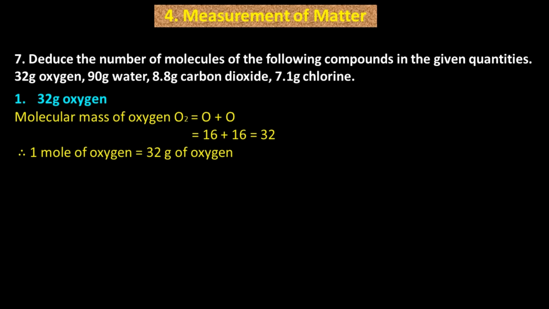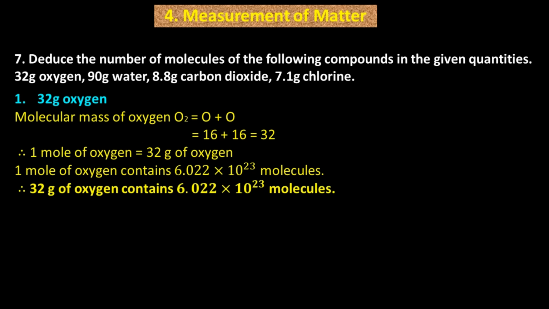Therefore, 1 mole of oxygen is equal to 32 gram of oxygen. 1 mole of oxygen contains 6.022 multiplied by 10 raised to 23 molecules. Therefore, 32 gram of oxygen contains 6.022 multiplied by 10 raised to 23 molecules.